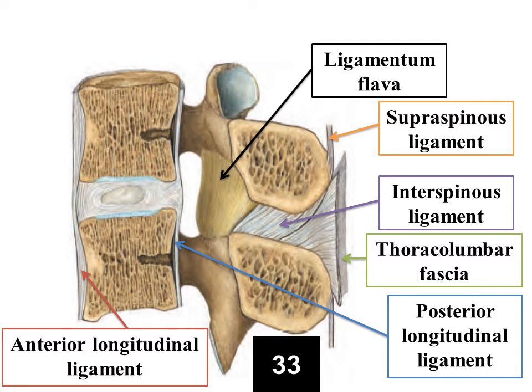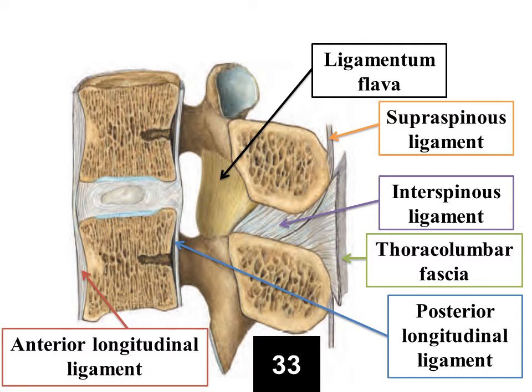You can see also with the purple color arrow between the spines the interspinous ligament, and also you can see the supraspinous ligament, which runs from the tip of spine to the tip of spine.